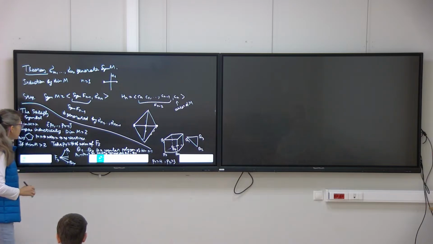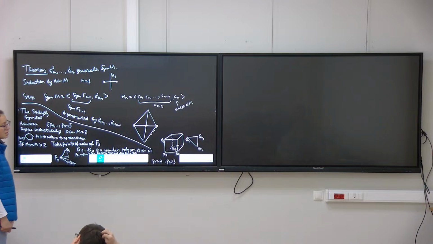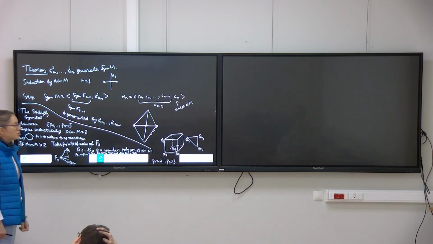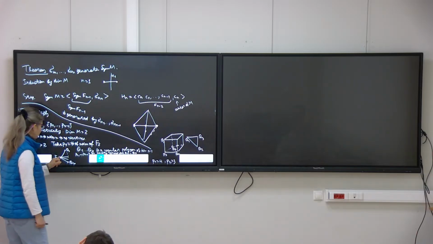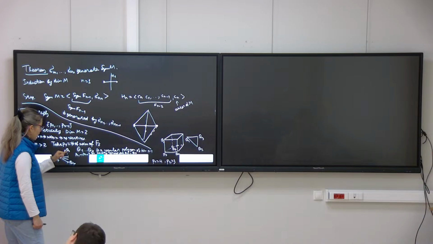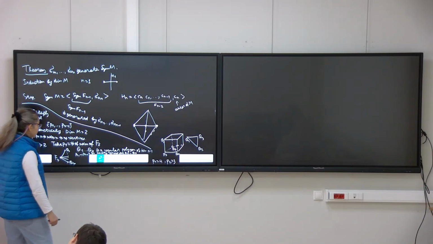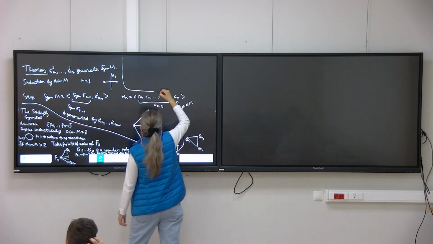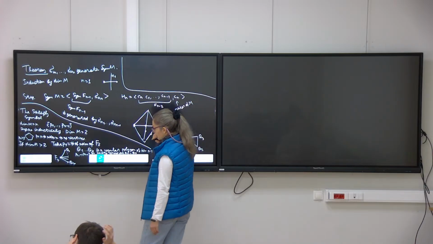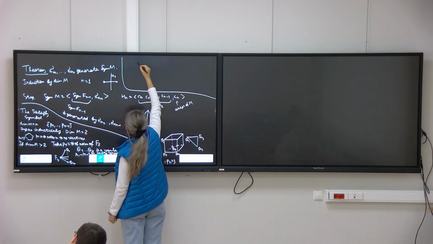So, what is correct? We know that Sym M acts transitively on the flags. So, we can construct many flags starting with F0 and F0 Qi. So, these flags we can map one into the other.